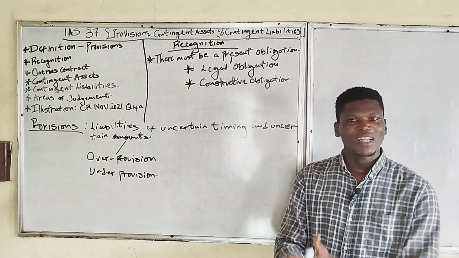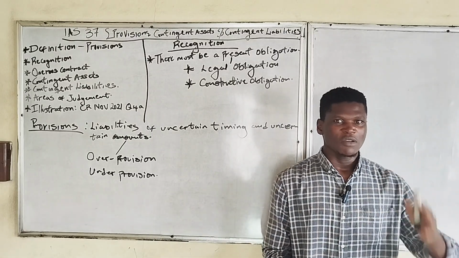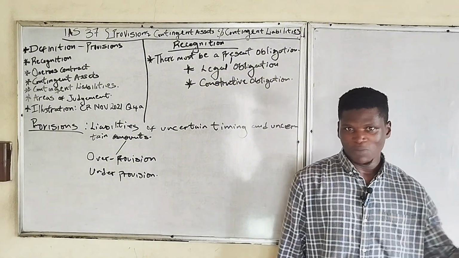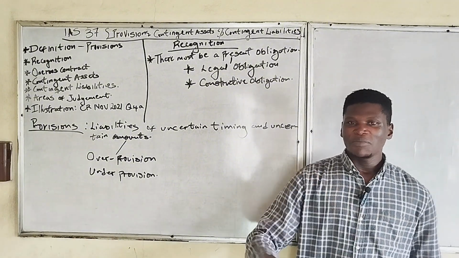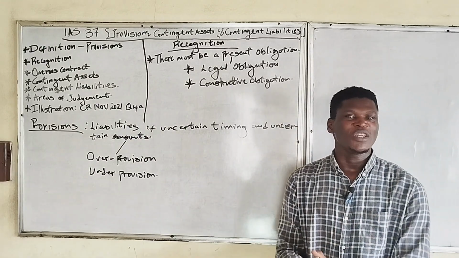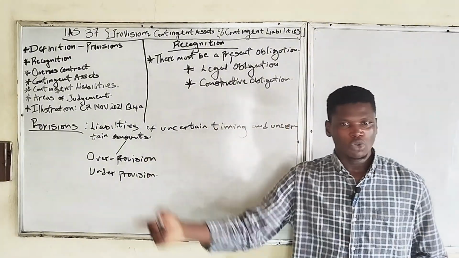So I can begin to make an allowance for that damage, even though it has not occurred, because in past times, a few years back, we usually made losses of 20% as a result of damages on inventory. So we can begin to make constructive obligations in such cases.